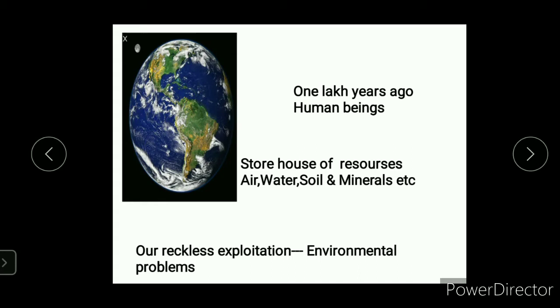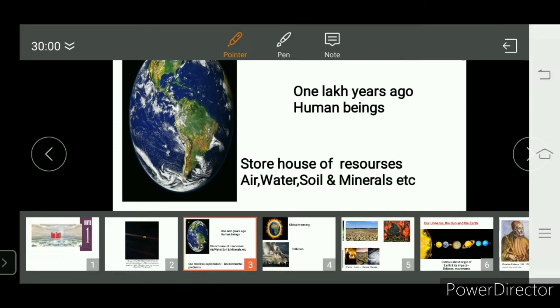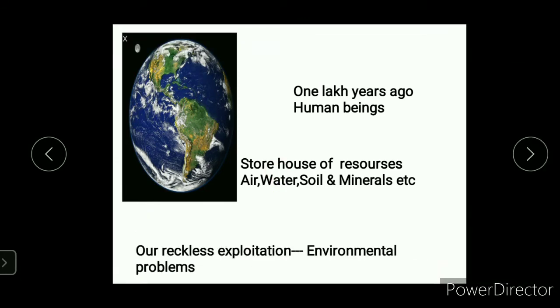We started exploiting indiscriminately the resources given by the Earth. Do you know what resources we find on Earth? Air, water, soil, minerals, and many more. Whatever is needed for our life and survival on Earth, all is given by the planet Earth. So I call it a storehouse of resources.